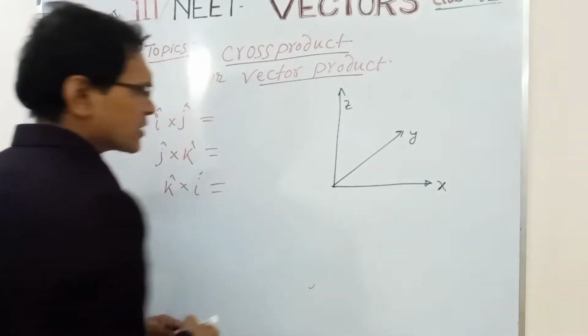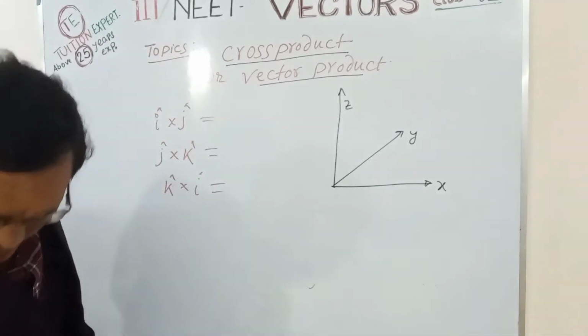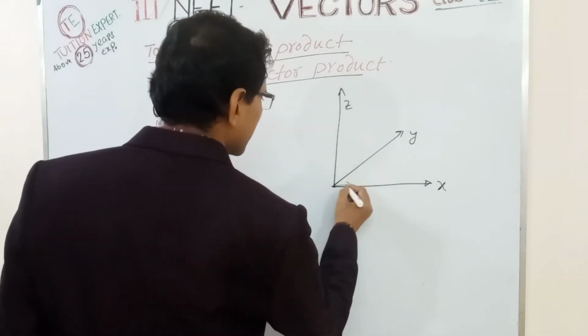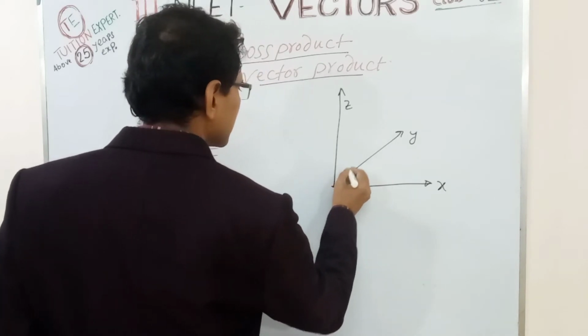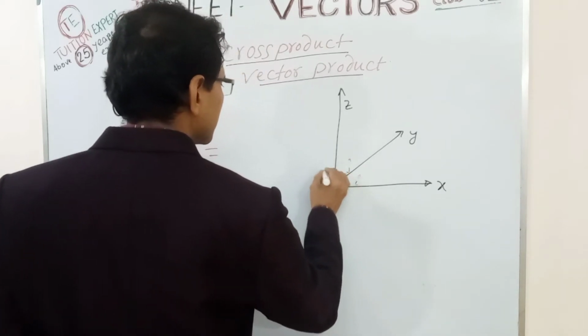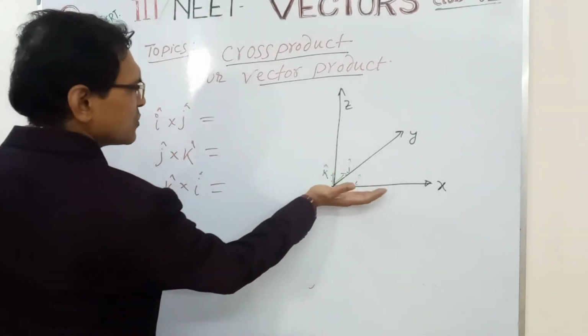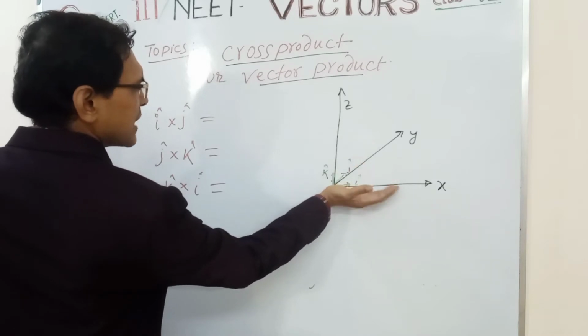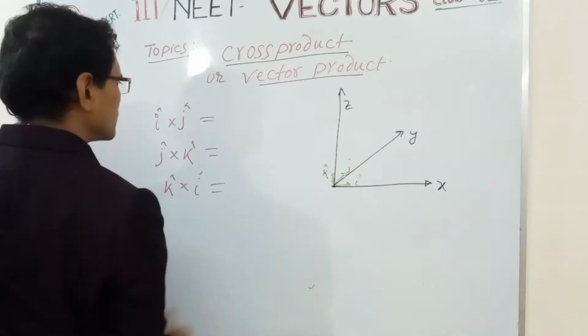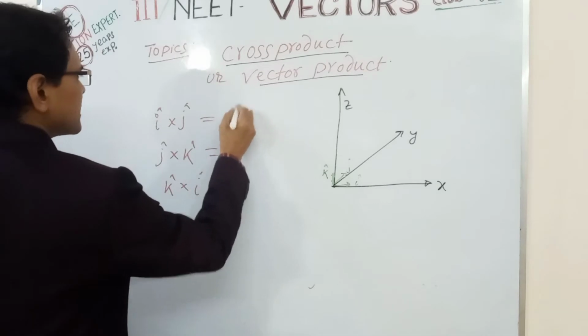So the unit vectors along x, y, z are I, j, k. We know that I, j, k. So what is I cross j? By the right hand thumb rule, if we turn from I to j, then k will be the normal. So this will be the k vector.